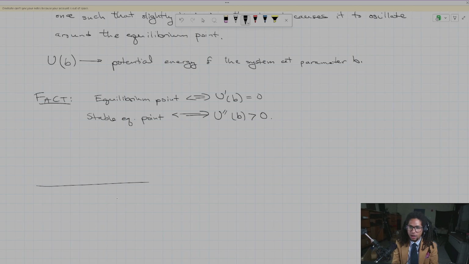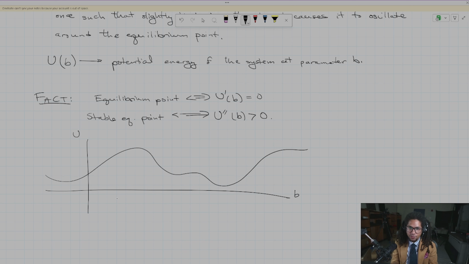So let's draw our plot of u. Here's u as a function of b, something like that. Now, equilibrium points are all of the points in red, all the places where the first derivative is 0.